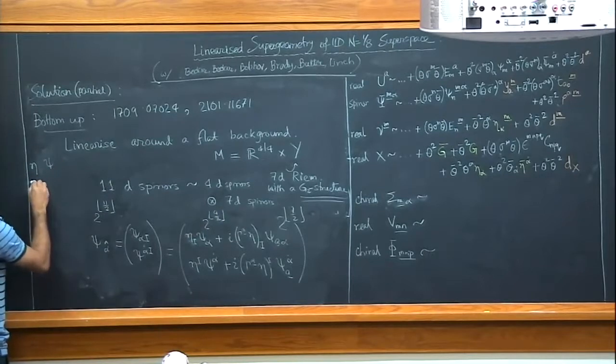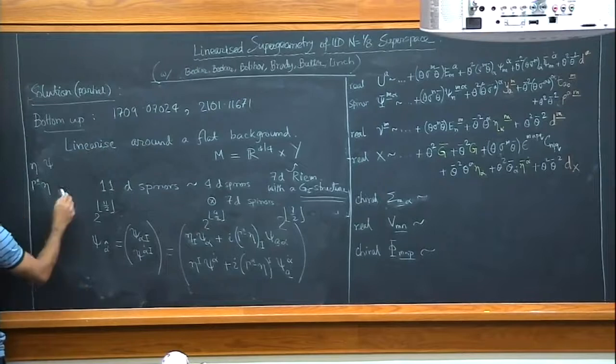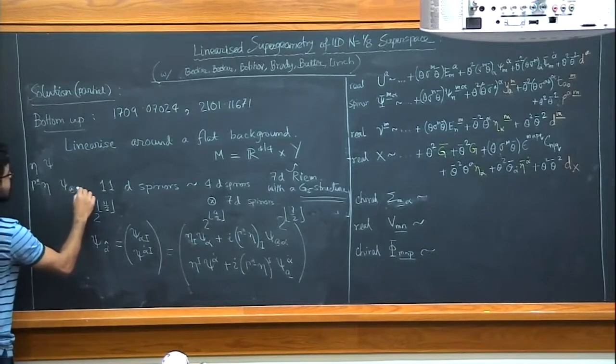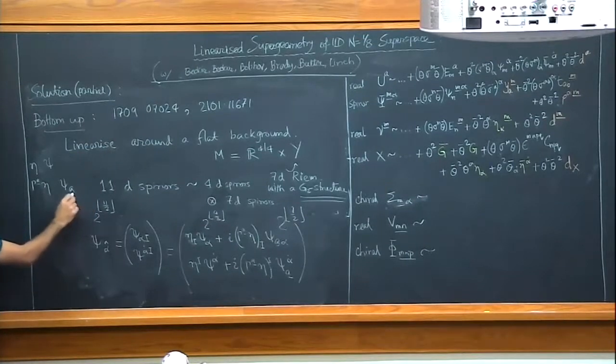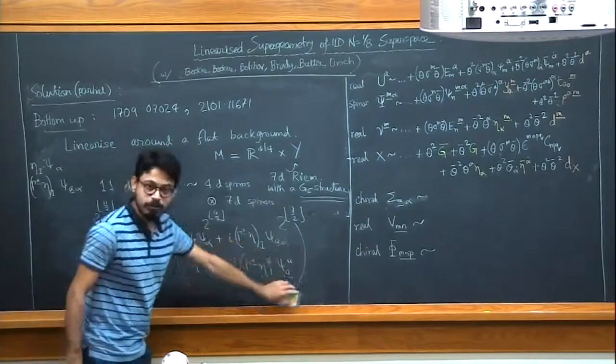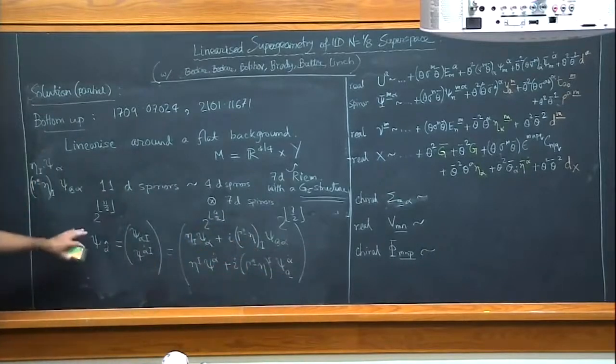And then you have gamma A eta, another 7D spinor, and then you have 4D spinors like this. So if you take these as your basis, you can span the space of 11D spinors in terms of them, and this is how it is written down. The decomposition of the spinor indices happens this way.